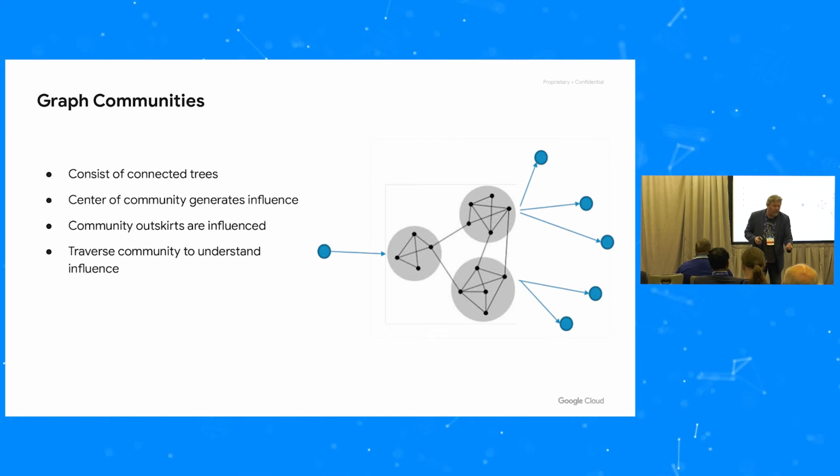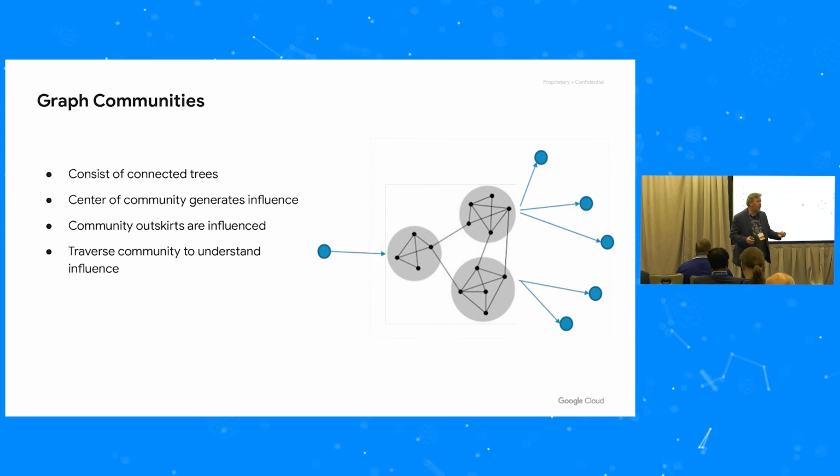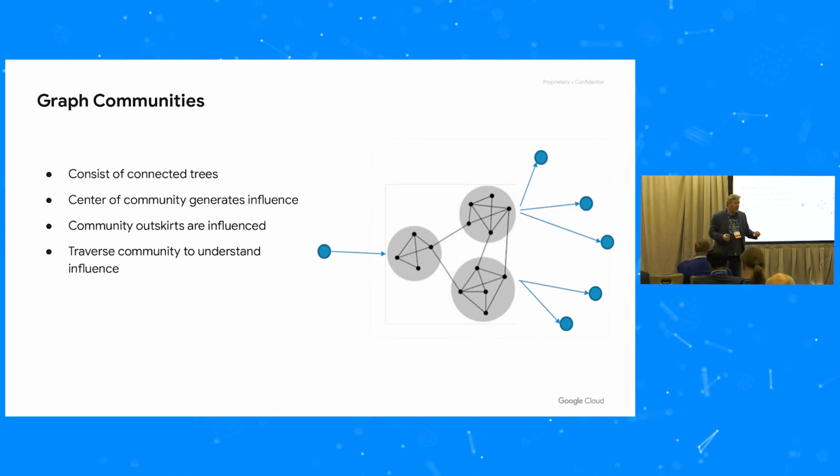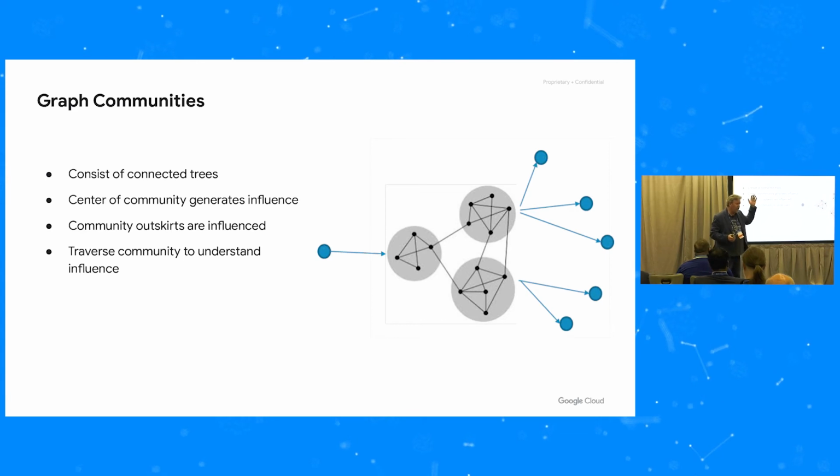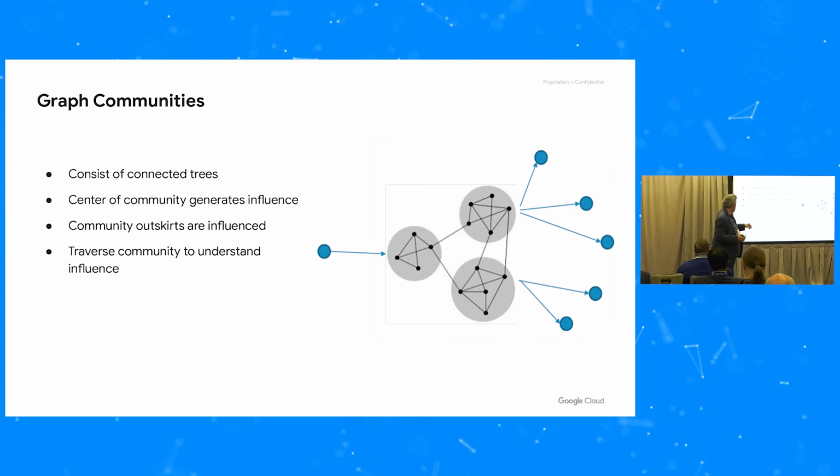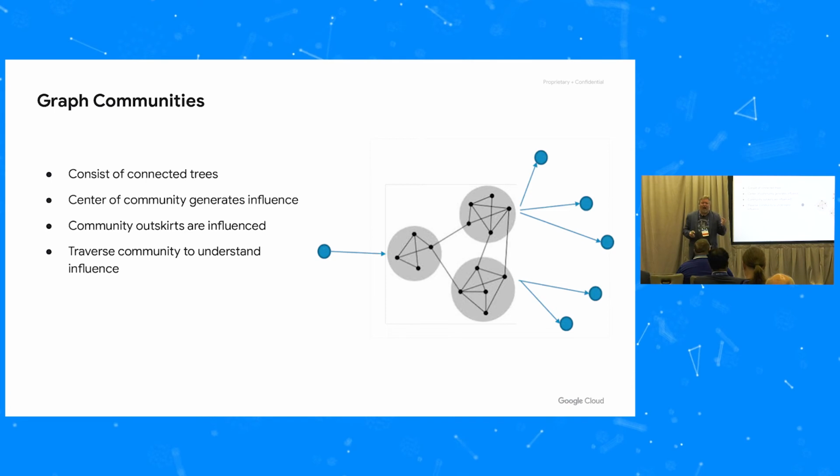We're going to talk about that. It's naturally going to happen because communities are connected trees, right? Some of those nodes have tons of ancestors. Some don't, okay? So those at the center are highly influential.